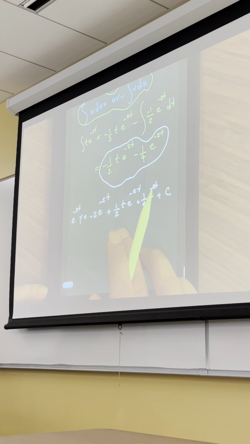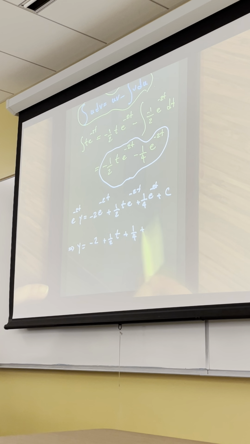You can divide by e to the power of negative 2t on the whole thing to solve for y. So you get y is equal, this will go away, will become negative 2. This will become half of t, this will become a quarter.